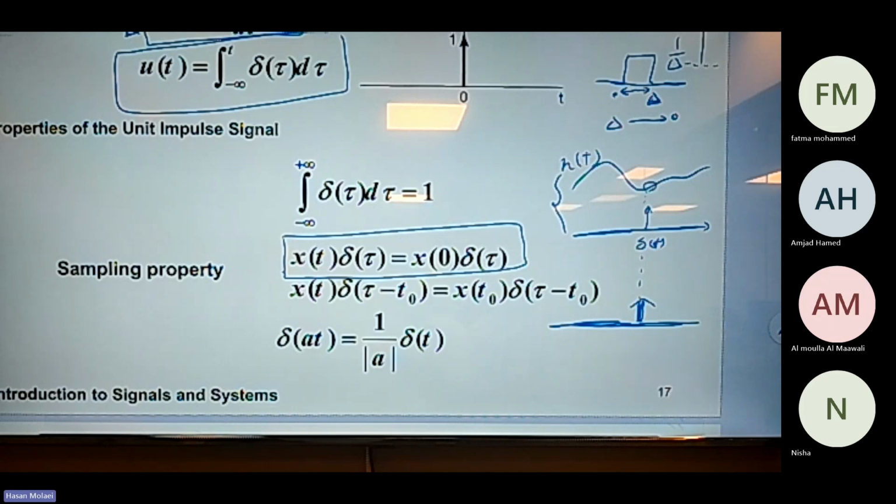Suppose the amplitude of delta is 1, and here the amplitude of x is x(0). It would be x(0) multiplied by delta. If I shift delta to t0, I'm multiplying delta with x at t0, so it should be x at t0 multiplied by delta(t minus t0).